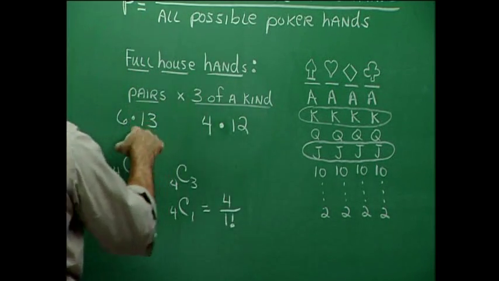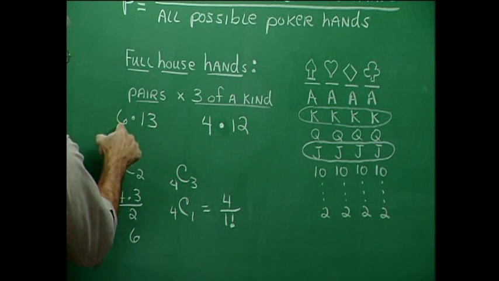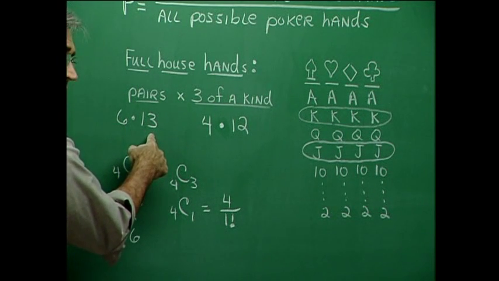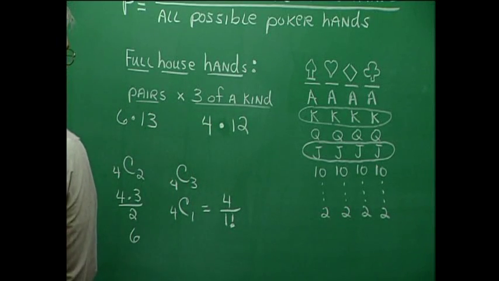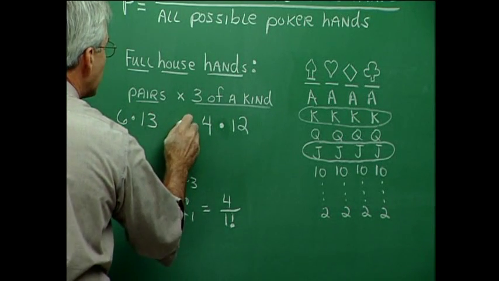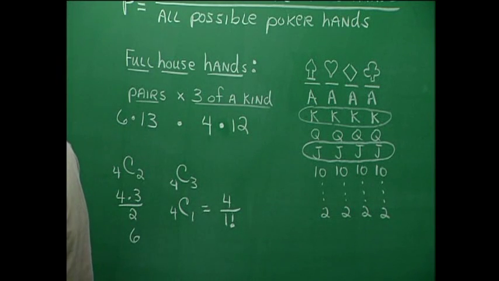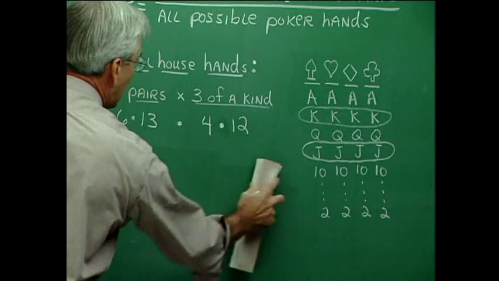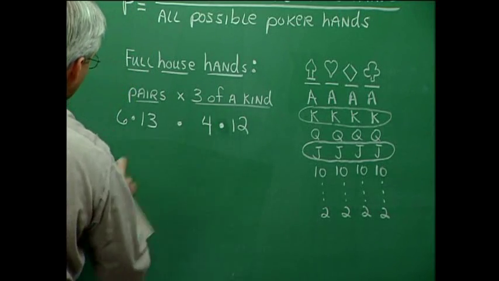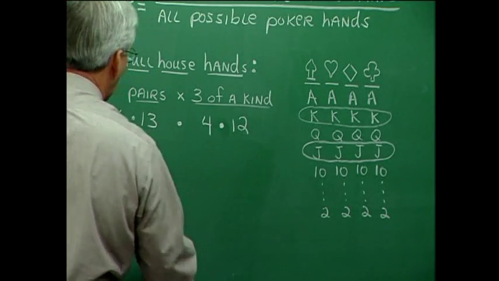But then we would kick over here and say, then this would be 6 times the 12, you see. So the 13 and the 12 go in one of the other positions. At any rate, we multiply these various factors, and we find that the number of full house hands turns out to be 3,744.